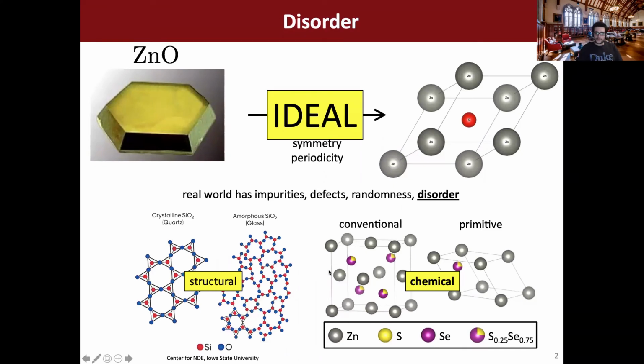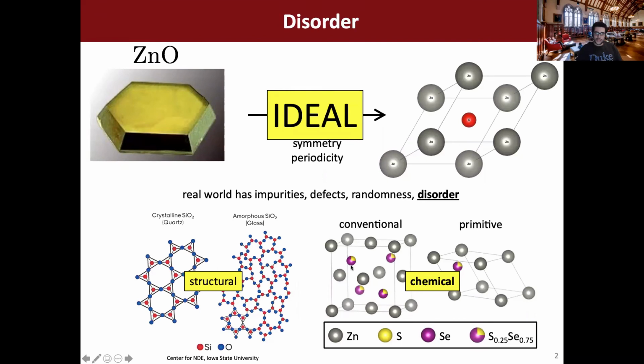There's another type of disorder associated with the chemistry of the material. The concept of having an atom occupy a single site is something we've been taking for granted. We have these sites in the crystal here, and we've assumed that each site has been occupied by one atom. A way of thinking about disorder with respect to the chemistry is that maybe we'll have what's called partial occupation.